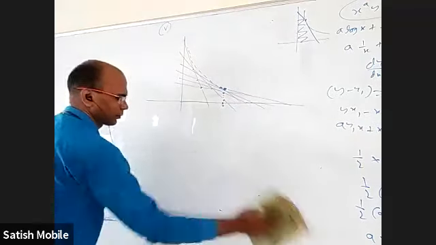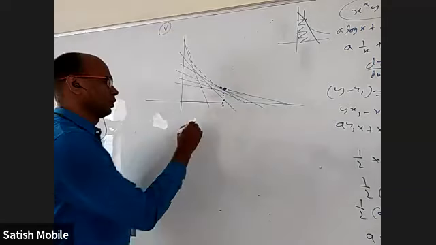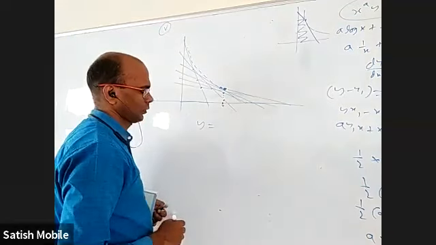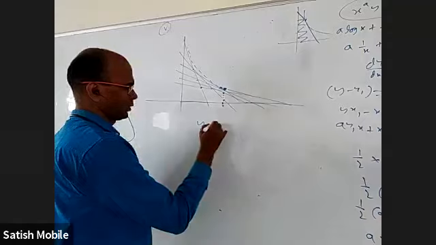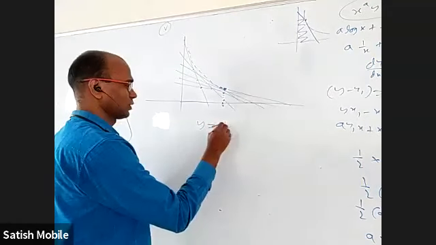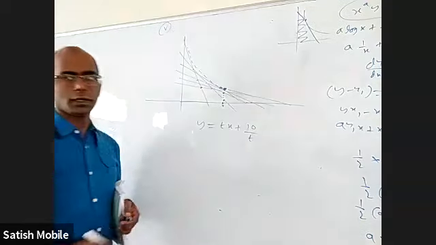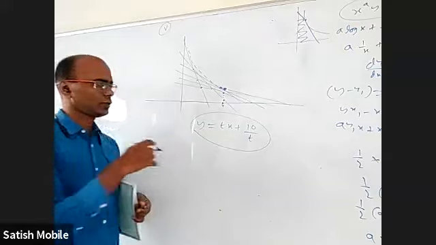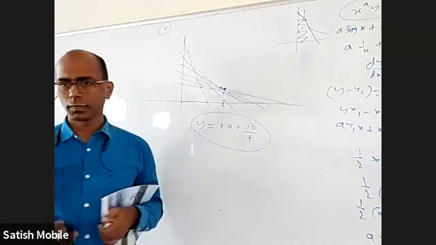For example, y is equal to tx plus 10 by t. As you change t, you take t equal to 1, 2, 3, 4, 5, you'll get different lines, right?